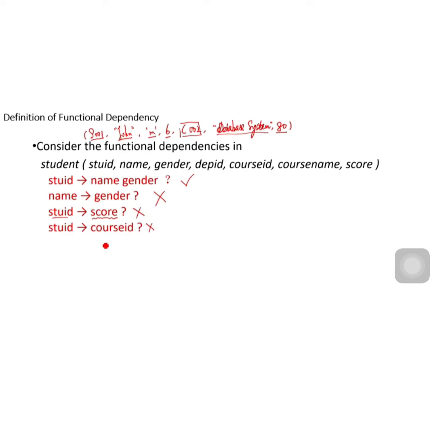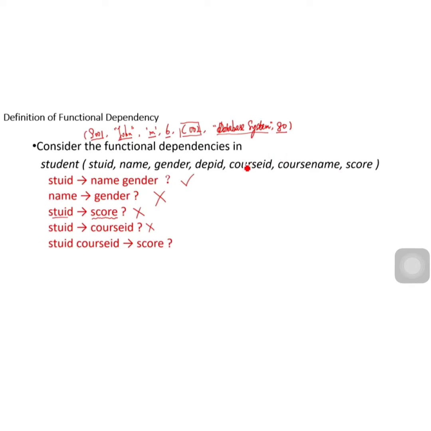Okay, and student ID, course ID functionally determines score. And in the requirement, I said a student has only one score in one course.